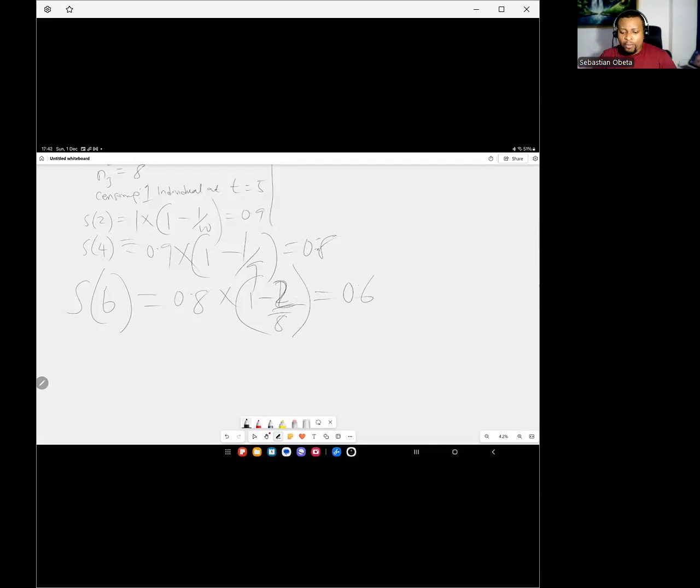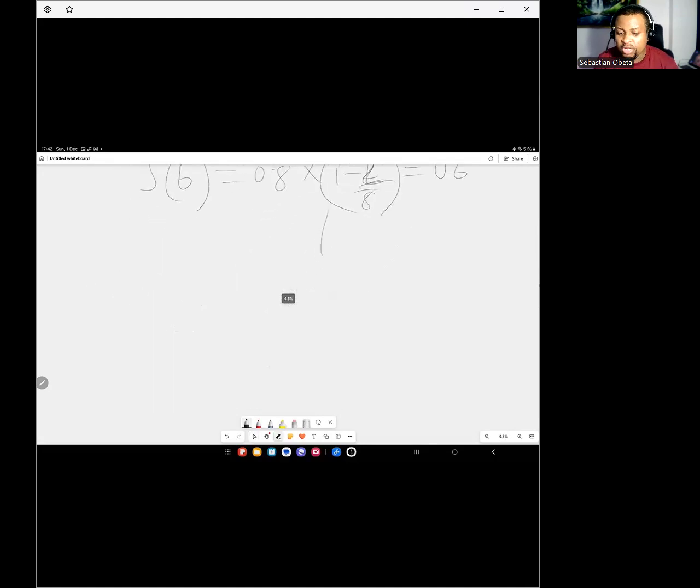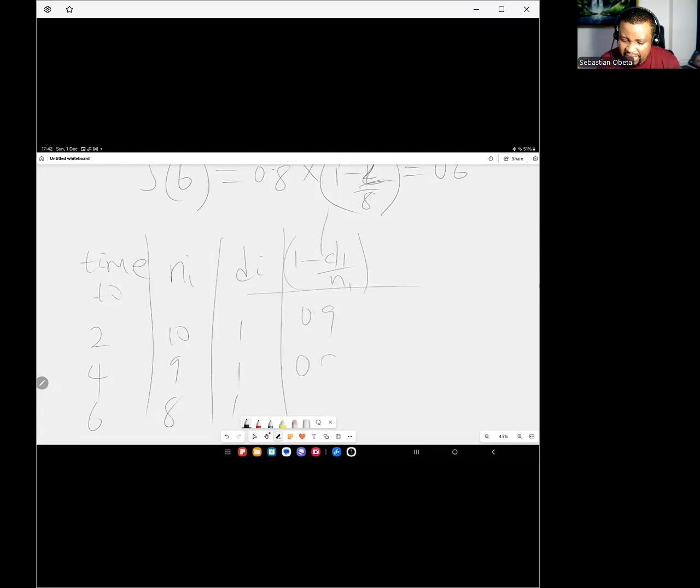All right, so if we want to populate our Kaplan-Meier table now, based on what we have, time t_i for 2, 4, 6, then the number at risk, which we have 10, based on the data set we generated, and the number of events for this time interval, then the survival that we calculated, which is 1 minus the events over the number at risk, will be 0.9, 0.88, then 0.75.